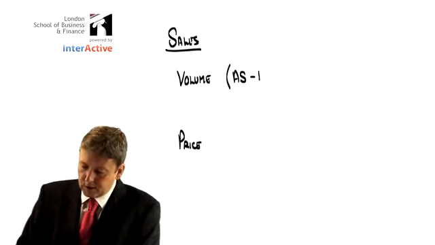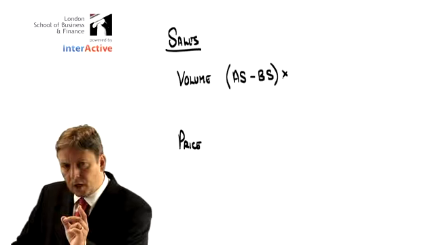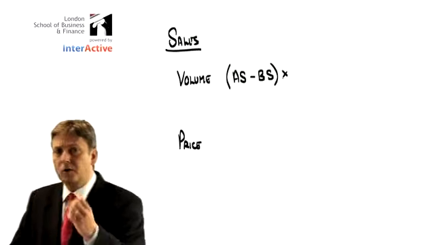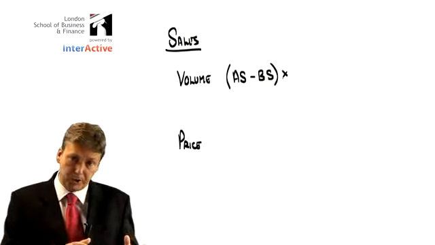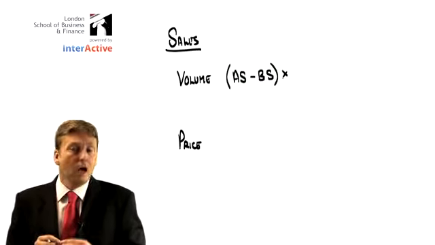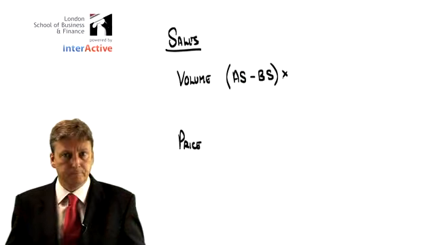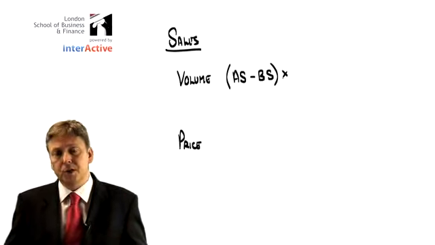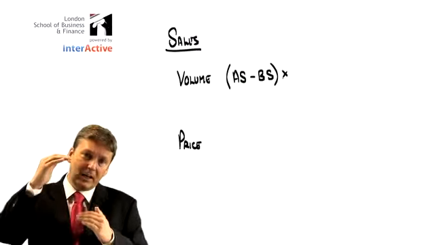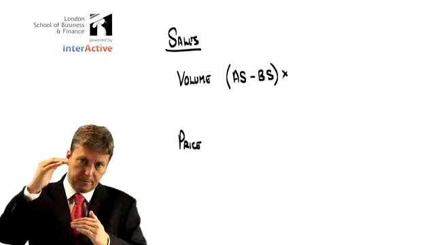So our volume variance, this is something that you learn. Actual sales minus budgeted sales, multiplied by? Well, we have to be careful here. You see, again, we've got to make a distinction between absorption and marginal costing. First of all, we're going to start with absorption costing. In absorption costing, we've said that we value the product in full cost terms.